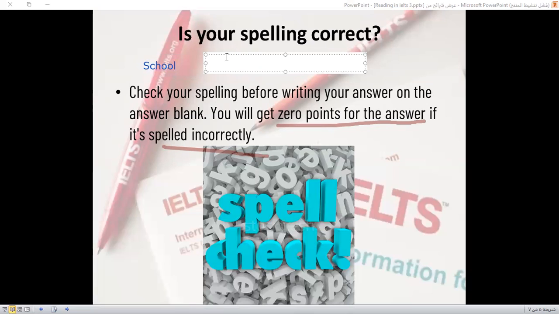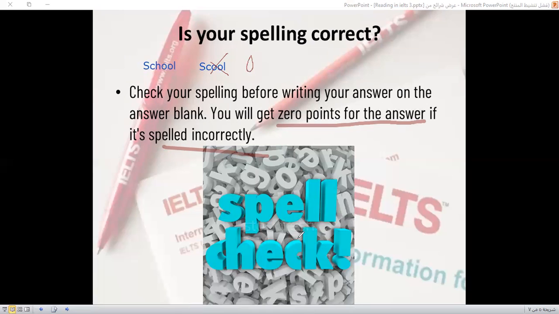But maybe you are nervous and you know the correct spelling, but you try to answer quickly and you write it incorrectly. They are going to give you 0. You will get nothing. All of those are not correct if you spell it incorrectly.